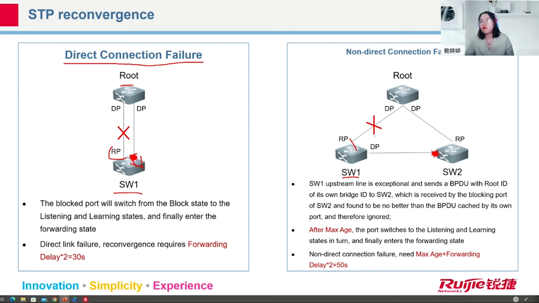So in this scenario, if one link is broken, at least 50 seconds pass before this interface is in the forwarding state and can forward the traffic. So this is the biggest problem of STP. At least 30 seconds later, you can use the AP interface to forward the traffic. This is STP.